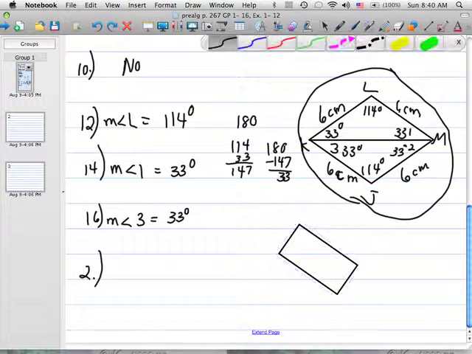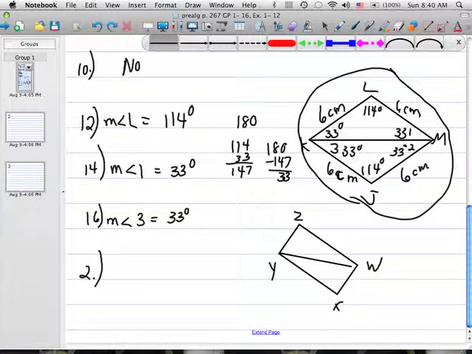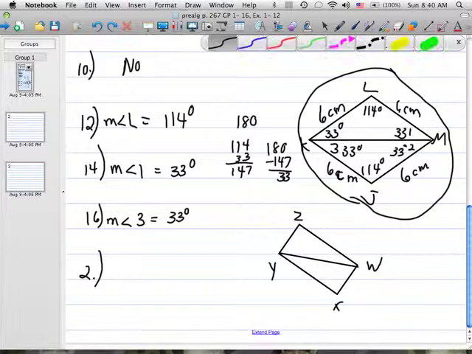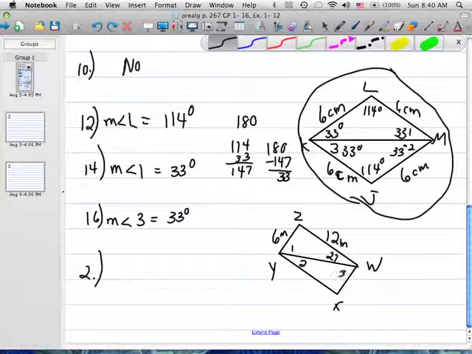And if we label it, we have X, Y, Z, W. And then we have this diagonal drawn. And they give us these sides. This is 6 meters. This is 12 meters. This is 27. And this is angle 3.